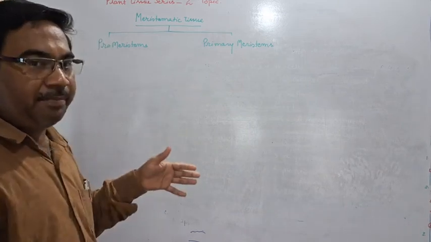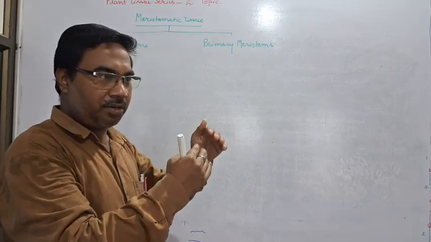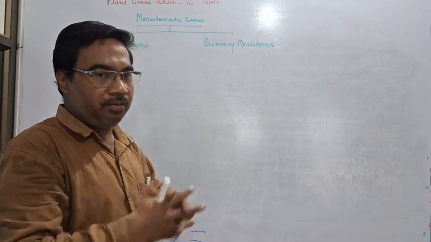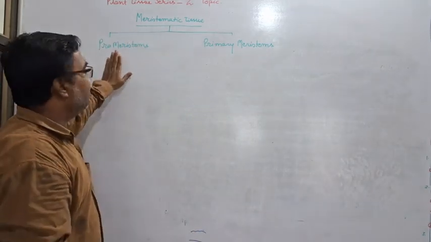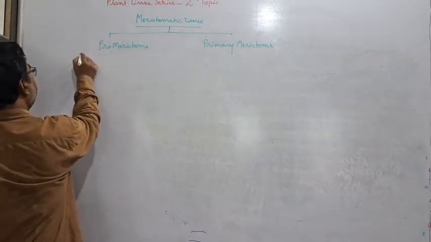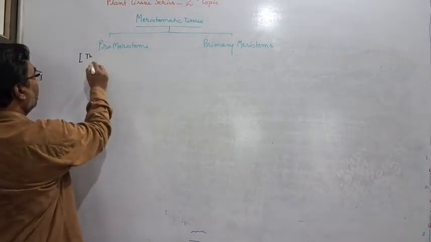You know, this is the life process. First the zygote is formed, then cleavage will undergo, and after cleavage, the zygote will convert into embryo. So, from the embryo, if tissues are formed, they are called promeristems. That means we can write the subtitle to learn the word.